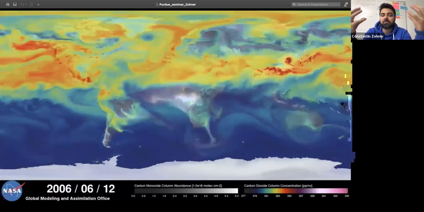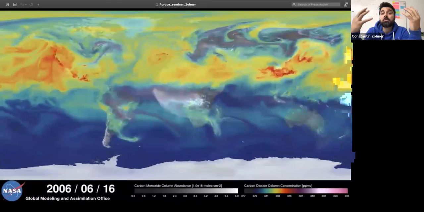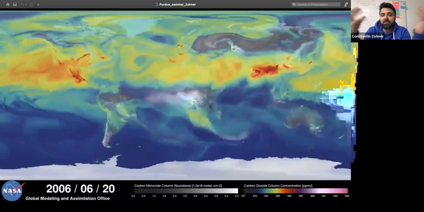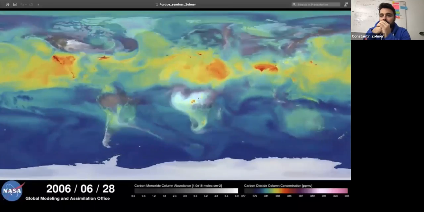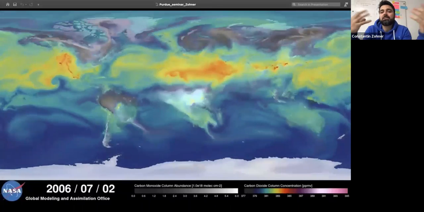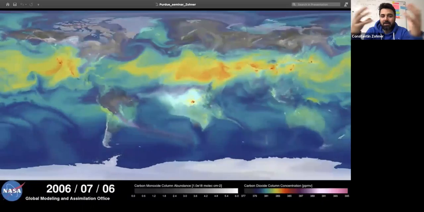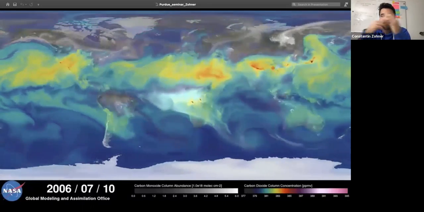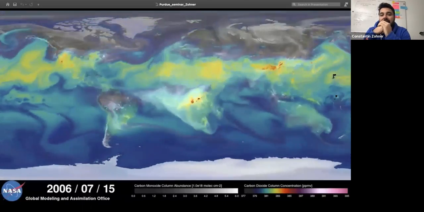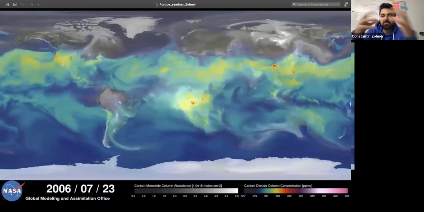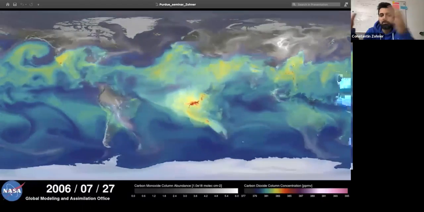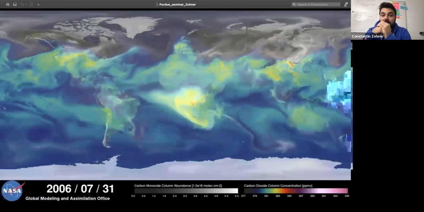So CO2 concentrations are decreasing, and this is caused by one single event, essentially, the emergence of leaves in temperate and boreal regions. So we see the drastic effects that plants have on global ecosystems, and how they really regulate these seasonal and also long-term biogeochemical cycles.